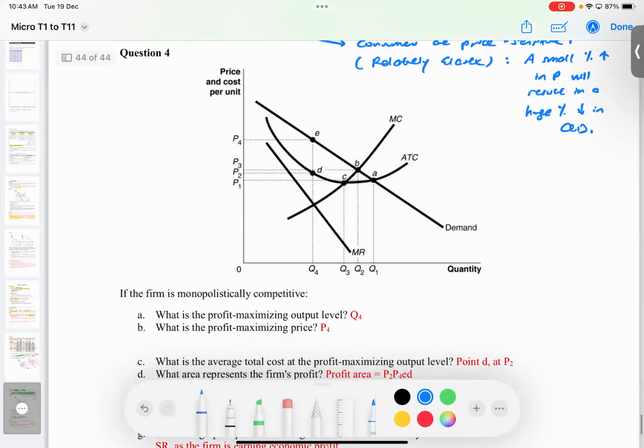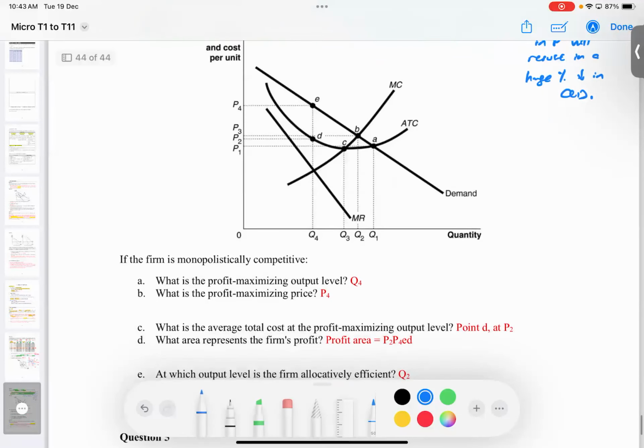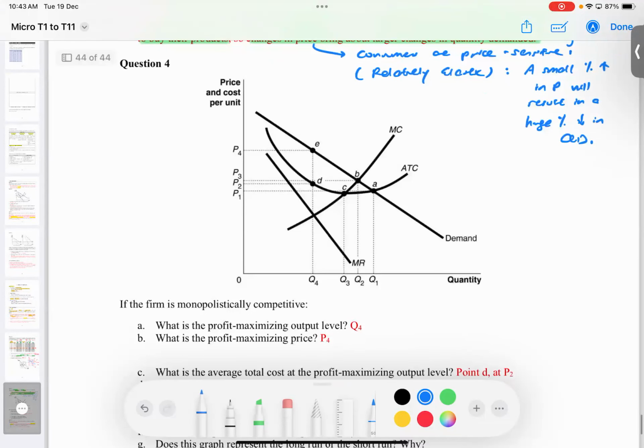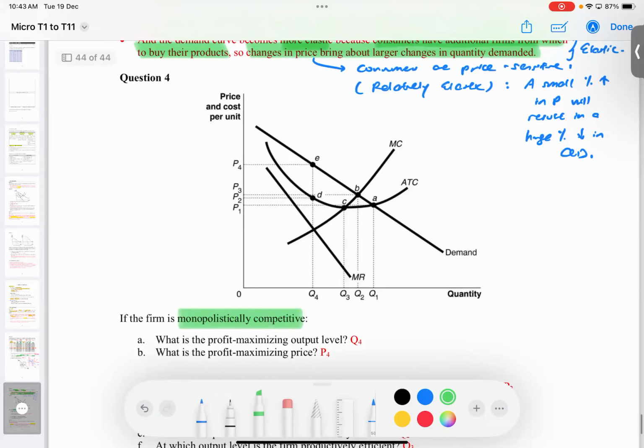Again, this kind of question may be in your Section B as well. Apart from calculations, they may ask you to identify the points in the diagram. You are given this diagram, and the firm is in monopolistic competition. What is the profit maximization level of output? By now you should be able to identify the points.